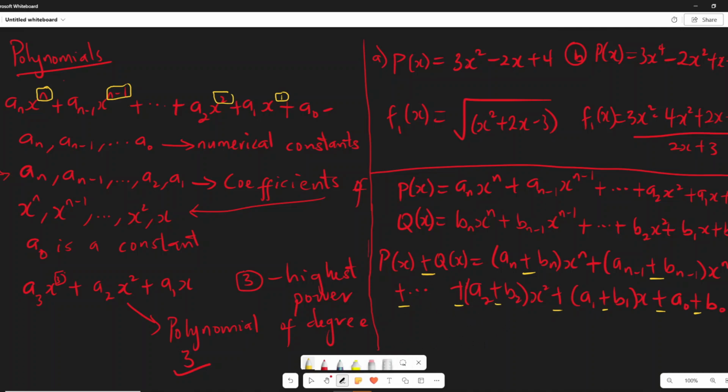Let's look at some examples. So our first example is this. We are given the first polynomial p1 of x, which is 7x cubed minus 4x squared plus 3x plus 4.